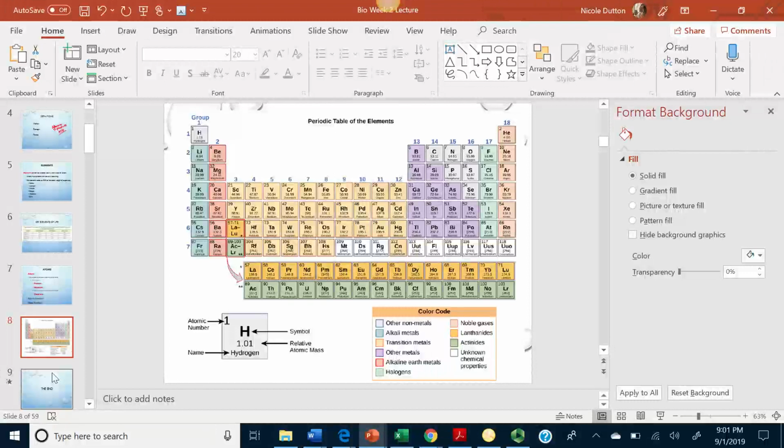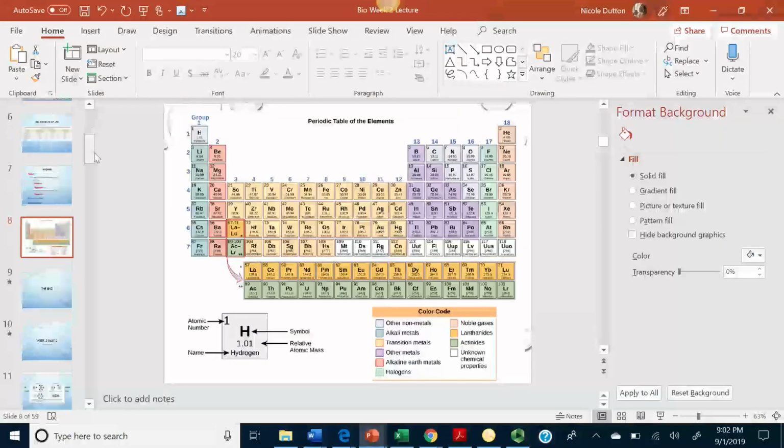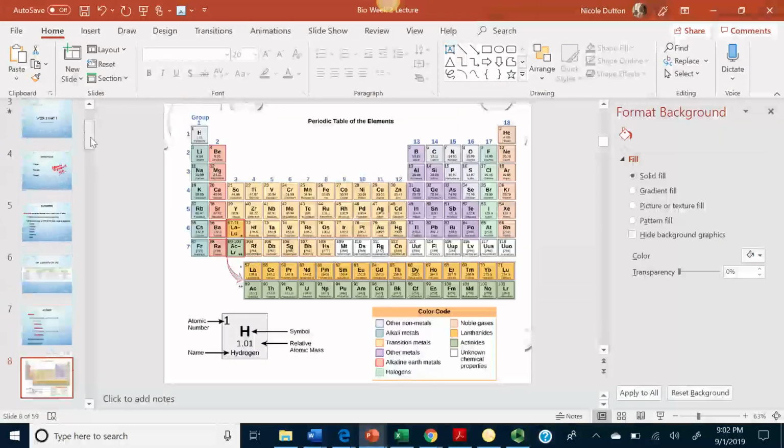If we look at the periodic table of elements here, we can see all of the elements listed out here, and they're all in order of increasing number. If we look at this right here at the bottom, we have hydrogen.